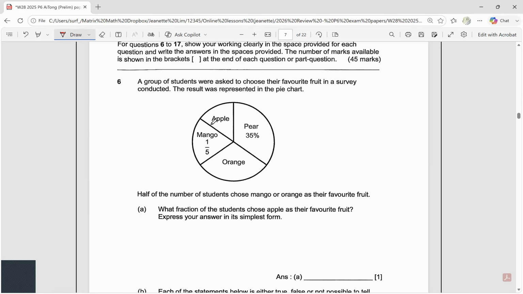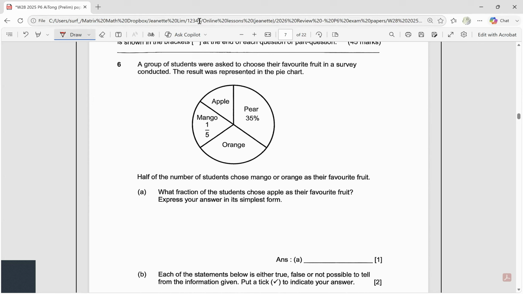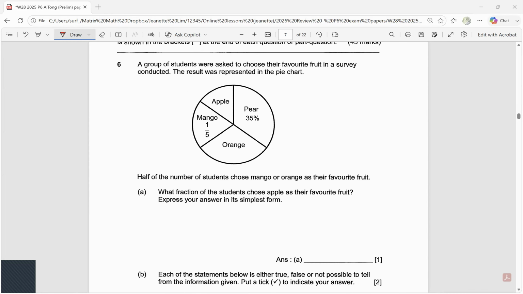Now, I know that this is 50%. Then this would be 50% as well. So for the apple will be 50% minus 35%.